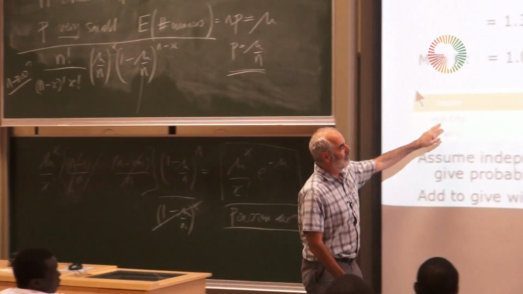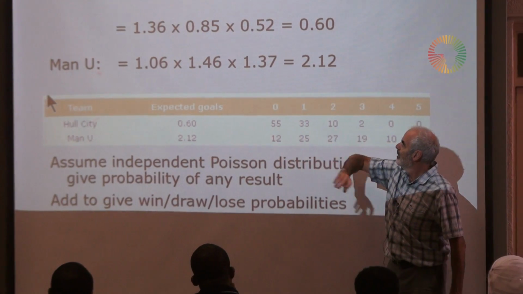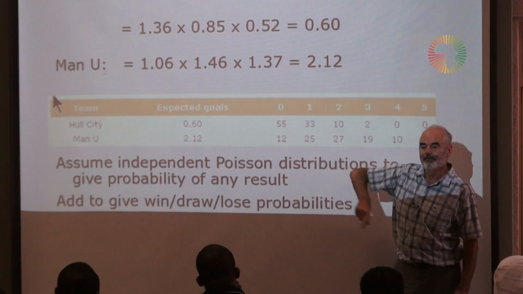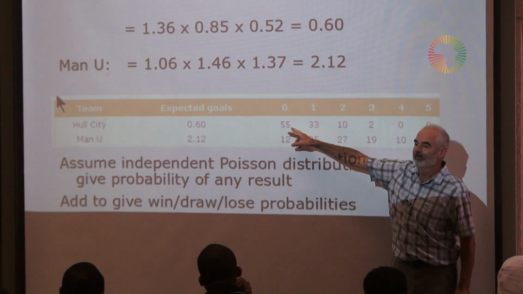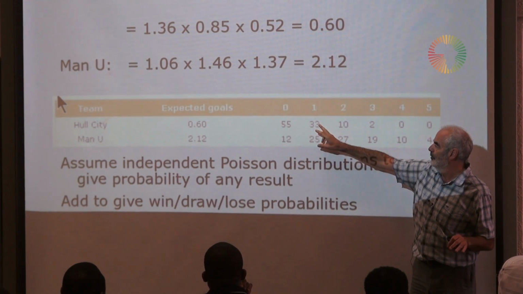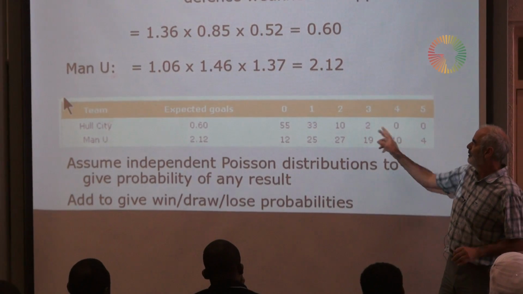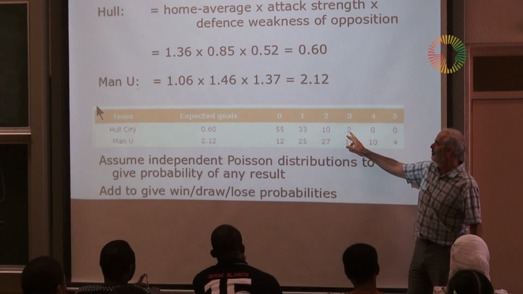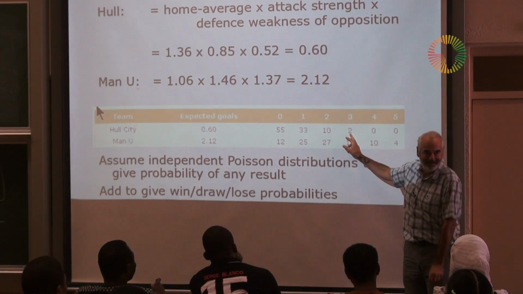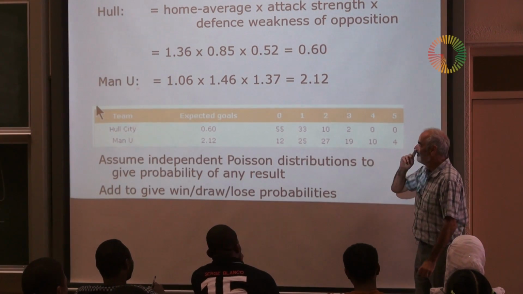So Hull City, we expect them to score 0.6 goals. That means, according to that formula, there's a 55% chance they won't score at all, 33% chance they'll score 1 goal, 10% chance they'll score 2 goals, even a 2% chance they'll score 3 goals, which they won't. Take my word for it, they won't score 2 goals.